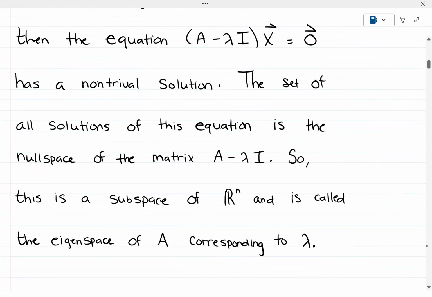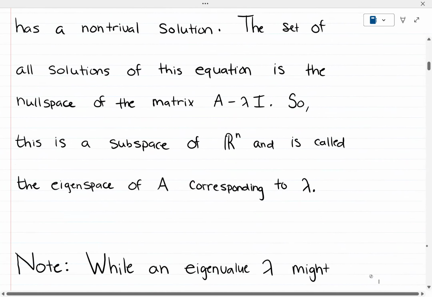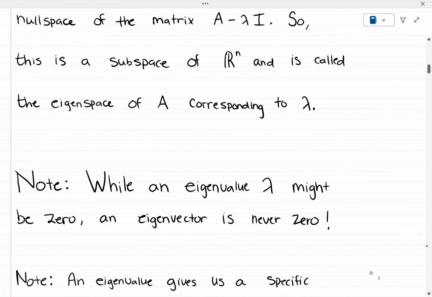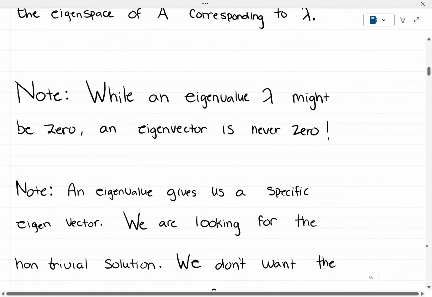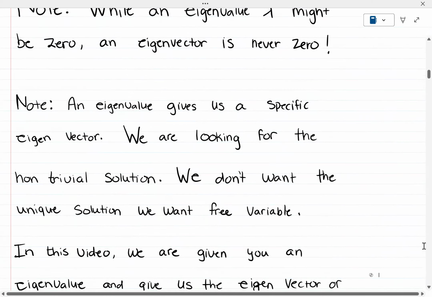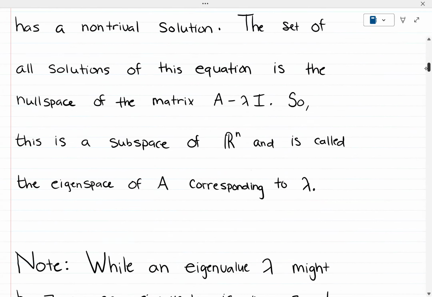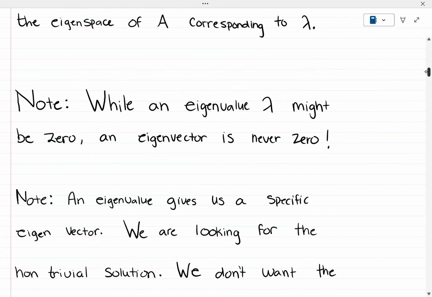Let me go ahead and write that down. So what you need to note is, while an eigenvalue lambda might be 0, an eigenvector is never going to be 0.